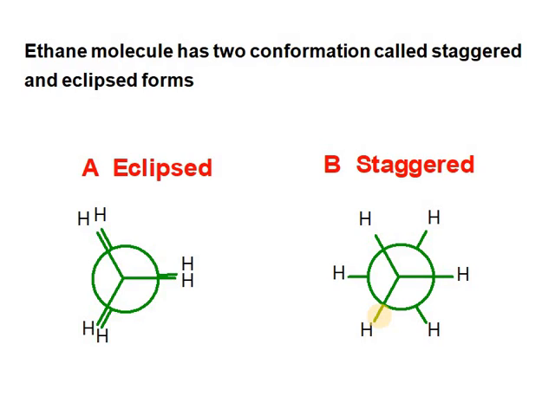And hence Newman formula, which is suitable to represent conformation of molecules obtained by rotation about this carbon-carbon single bond. The distance between adjacent groups and repulsion between them may be easily understood. In this formula the central C-C bond is not visible, but the effect of this bond during chemical reaction can be understood.